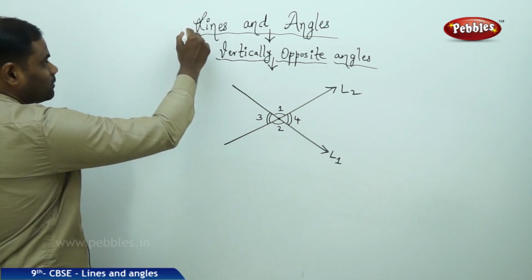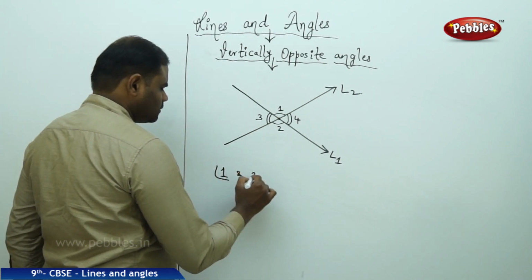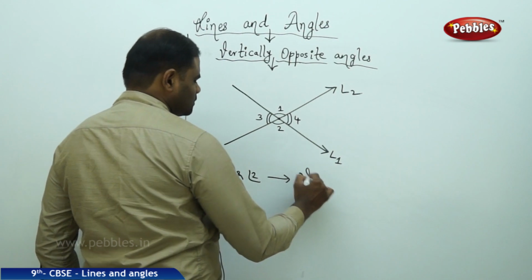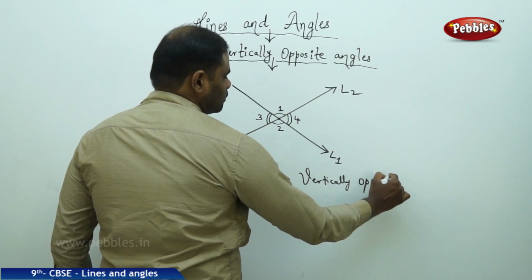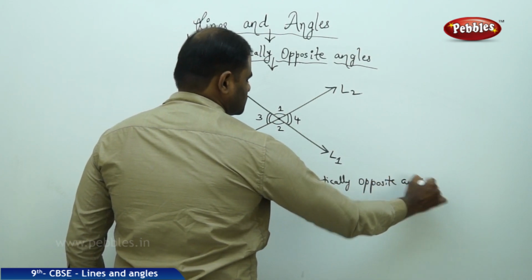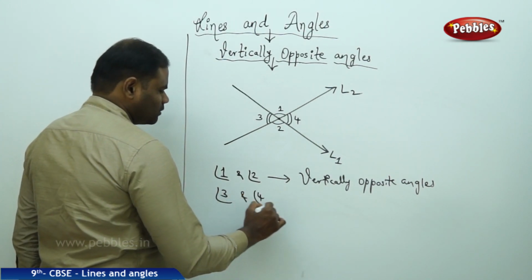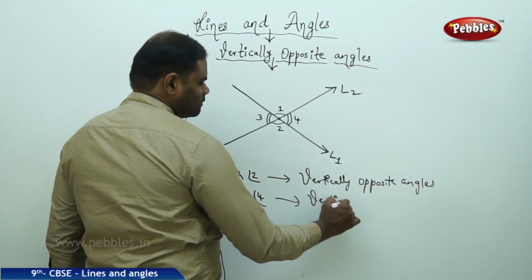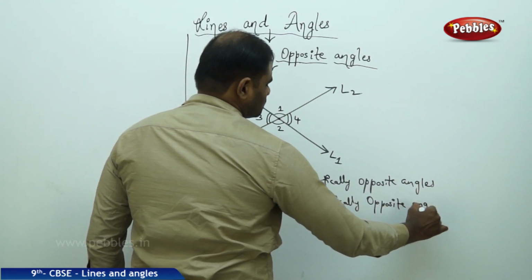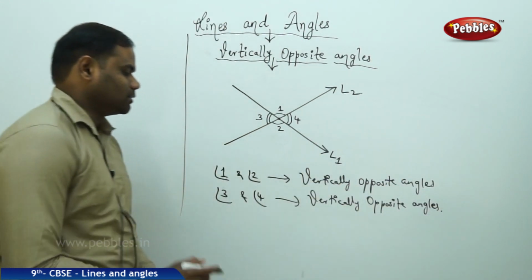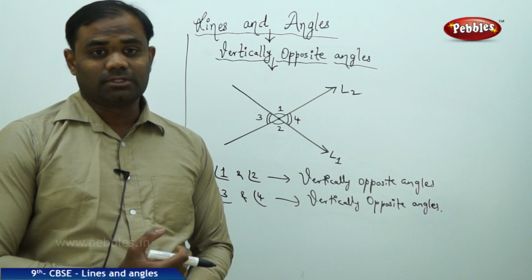So here in this diagram we have angle 1 and angle 2 are said to be vertically opposite angles. Similarly, angle 3 and angle 4 are also said to be vertically opposite angles.